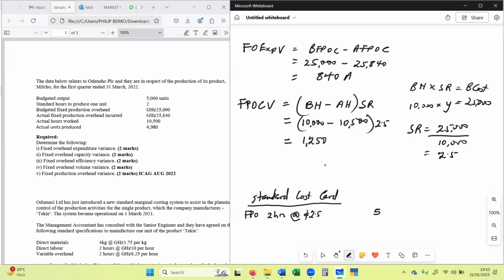Ideally we would say the hours has increased, so it is adverse. But for those starting with budgeted hours, capacity and volume, the opposite is the case, so we say it's favorable.